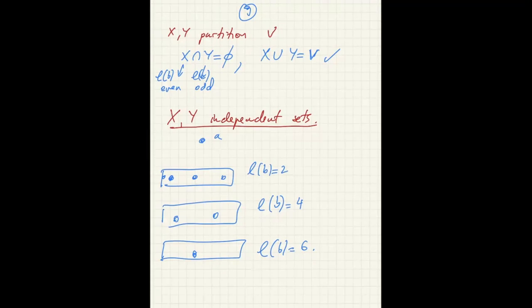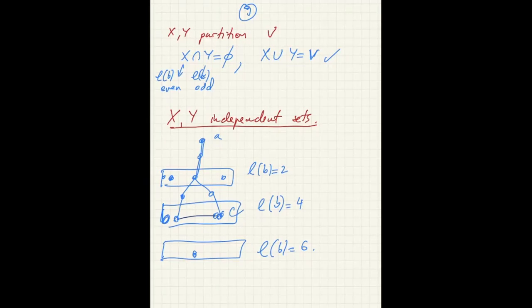Now, where could we have another edge? Perhaps we could have an edge here at this level. In that situation, we have a way of reaching this vertex B here by a path of length 4, even in general. And perhaps there is another way of reaching this other vertex here, C, also by a path of length 4.